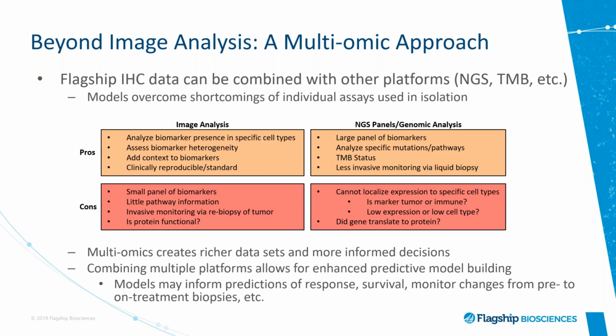So going back to the utility challenge and the fact that the Flagship image analysis approach can be combined with other platforms, this slide illustrates again this concept. For instance, in the case of a next generation sequencing approach, since each approach has pros and cons, one can combine them and get the best possible worlds by achieving the best characteristics of each method, and therefore build more solid, more robust predictive models.